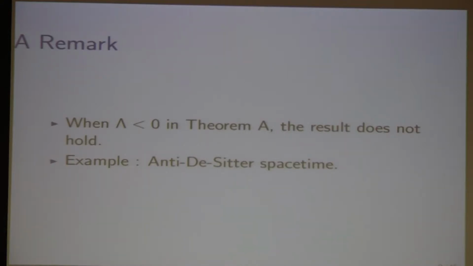So when lambda is negative, in Theorem A, the result does not hold. The example is very simple and canonical, just anti-de Sitter space-time. This space-time is complete, it's geodesic complete, but it's not flat.